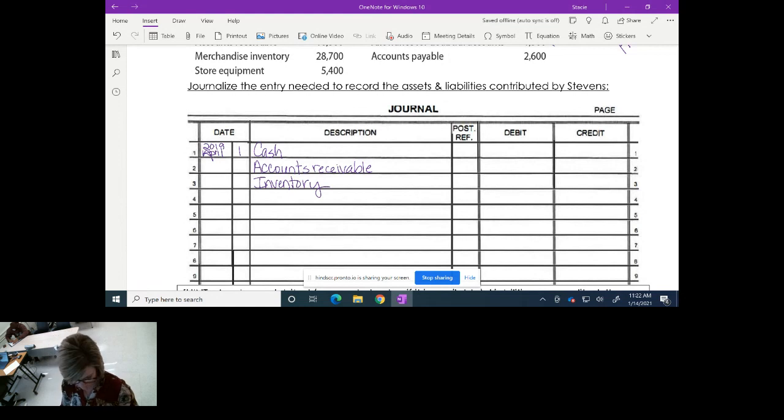It says merchandise inventory. Sorry. I can change that. I don't know that it really matters. Here inside. Store equipment, office equipment.